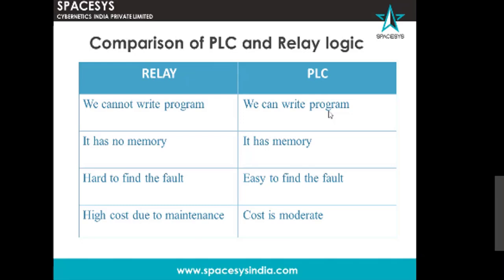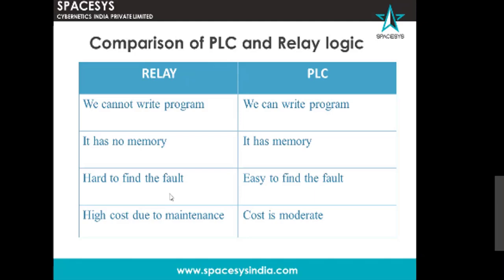And then relay has no memory, but PLC has memory. Not only memory: in relay, timers and counters are physically attached hardware devices, but PLCs have software timers and counters. And it is hard to find a fault in relay logic because of its complex wiring, and testing is also very hard, but in PLCs both are very easy.